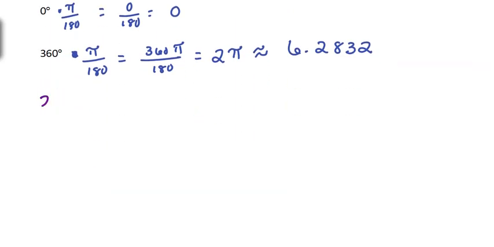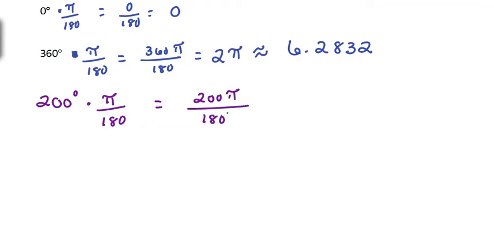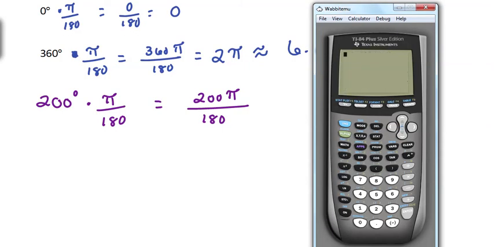So if I have an angle that is 200 degrees, and I want to know how many radians that is, I still just multiply it times pi over 180. So I'm going to have 200 pi over 180, and you can either simplify mentally or you can use your calculator. 200 divided by 180.